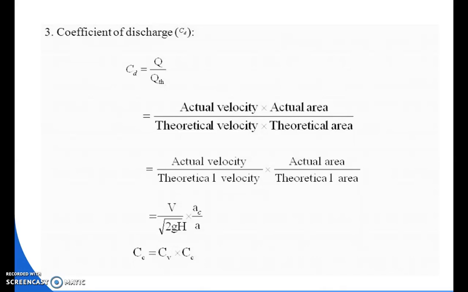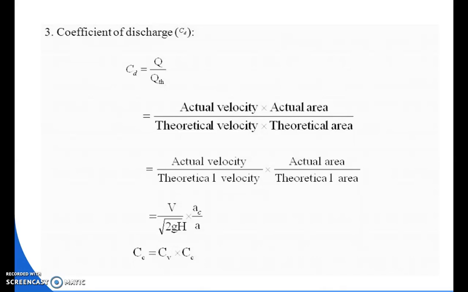Now let's come to the coefficient of discharge. The coefficient of discharge is the ratio between the actual discharge and the theoretical discharge. We know that discharge is equal to area into velocity. It is expressed as Cd. Mathematically, Cd is the actual discharge divided by the theoretical discharge.